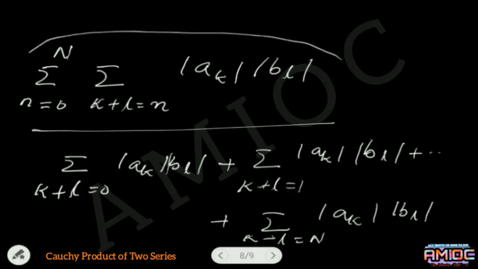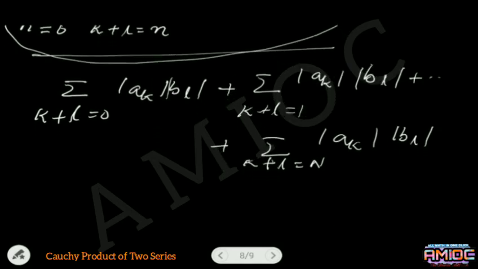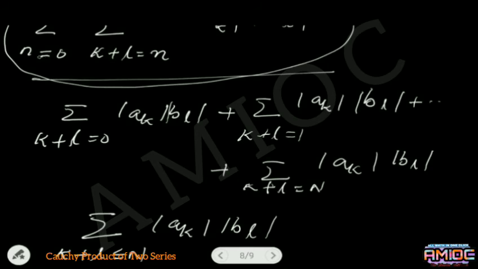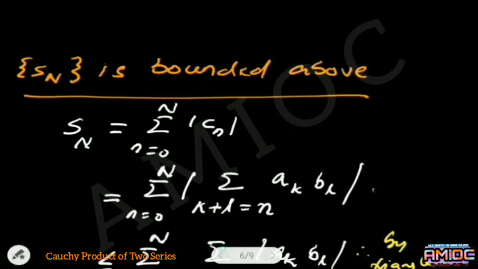Therefore, this sum can be replaced as follows, where k plus l varies from 0 to n: summation k plus l less than or equal to n of mod ak mod bl. When taking the sum with n varying from 0 to n, we get that the sum is equal to summation k plus l less than or equal to n of mod ak bl.